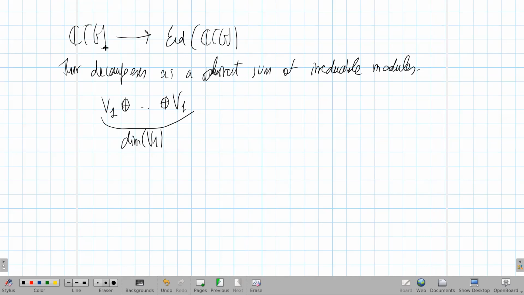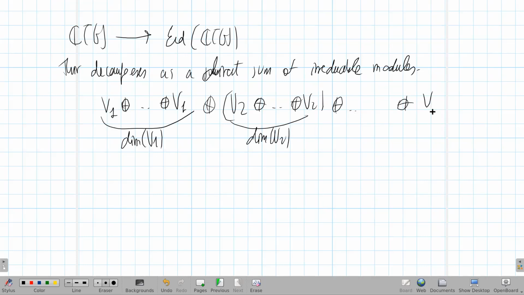If you take the right regular representation, so in this case, if you take CG as a CG module with multiplication on the right, this decomposes as V1, which appears dimension of V1 times, V2, which appears the dimension of V2 times, and so on, until you find Vt.